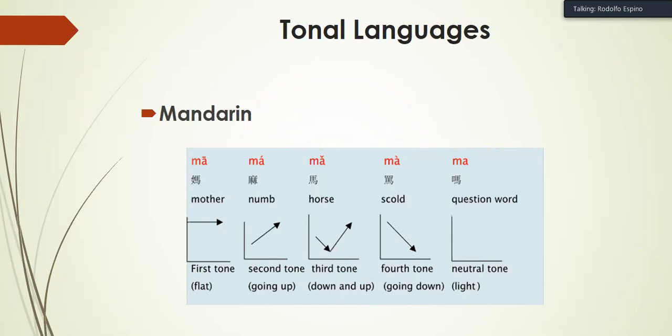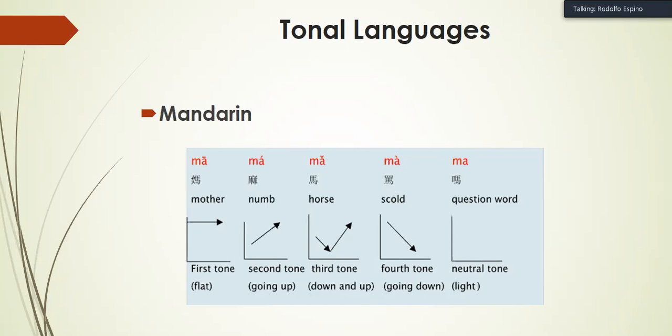Like in English, oh, this is a statement or this is a question. No, in some Asian languages, mostly Mandarin, which has 4 tones plus one neutral tone, you simply make a different word if you put a different tone.